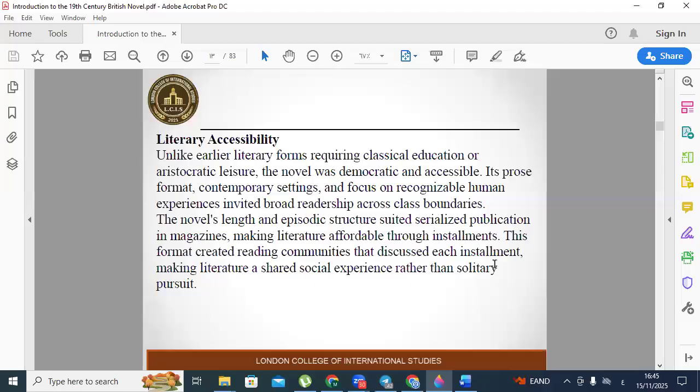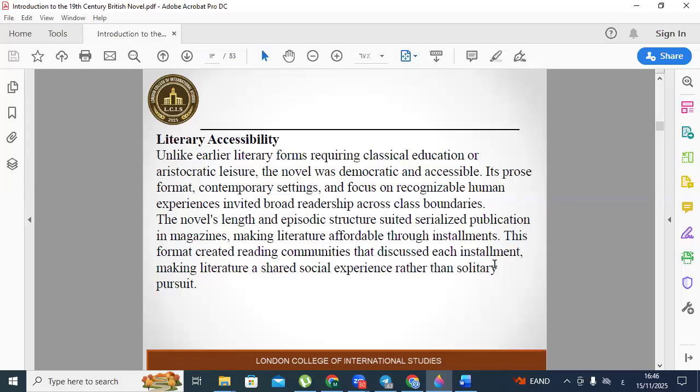Literary accessibility. Unlike earlier literary forms requiring classical education or aristocratic leisure, the novel was democratic and accessible. Its prose format, contemporary settings, and focus on recognizable human experiences invited broad readership across class boundaries.